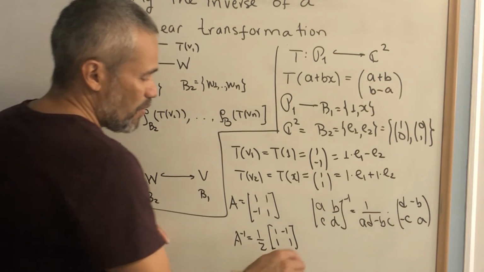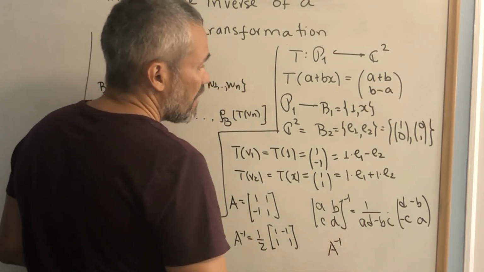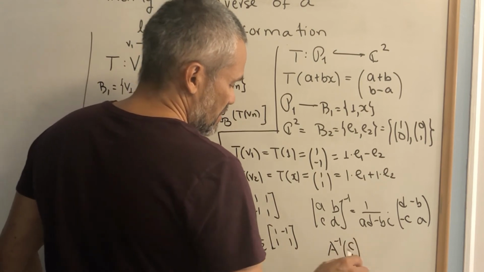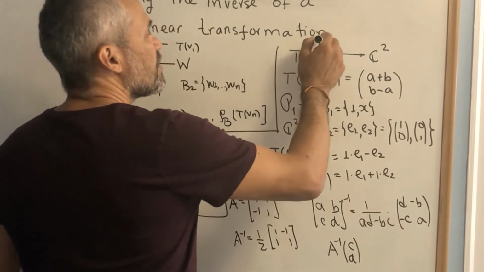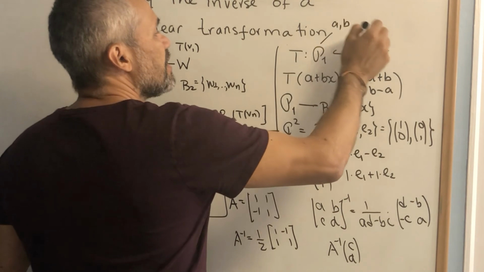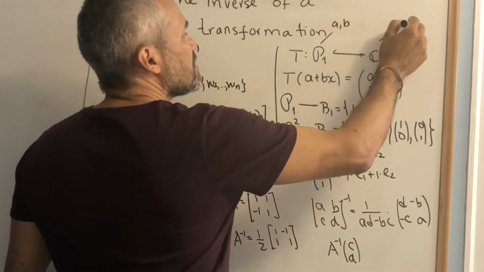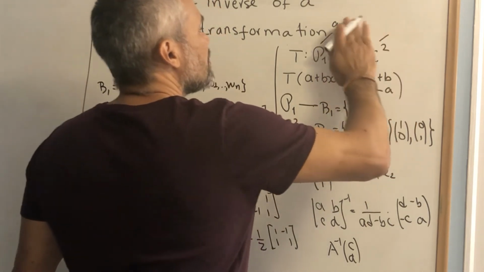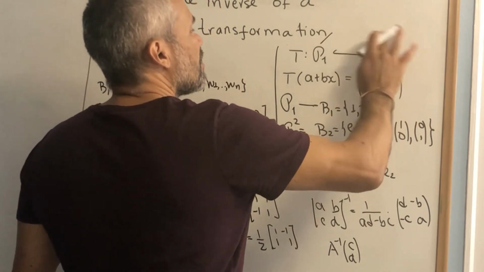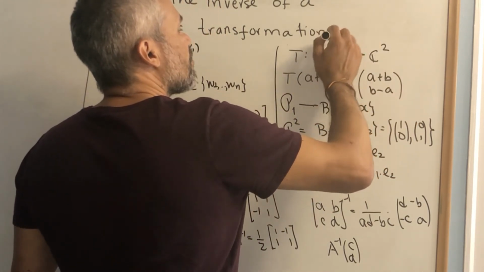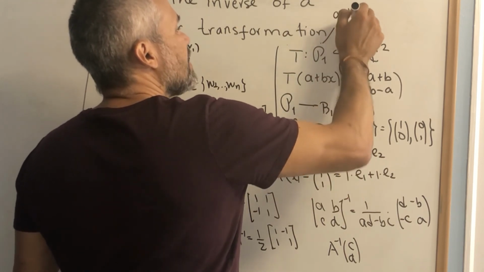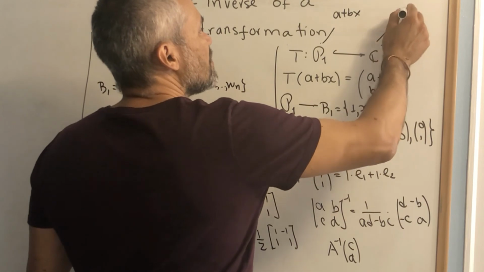Now let's see what the inverse is evaluated at some point C, D. Let's use A and B for elements in P1, like A plus BX, and for elements in C2, let's use C and D.